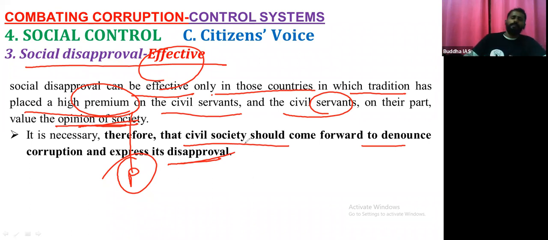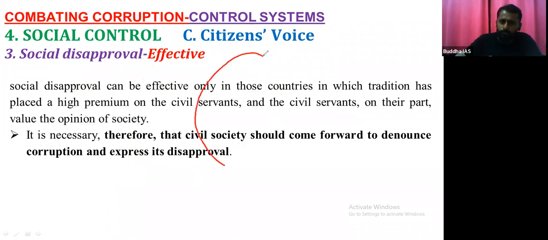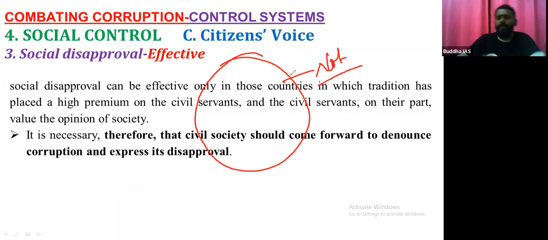As I mentioned earlier, we often say that in India, democracy is not working properly. Already many years have passed, but many social evils still persist. Then whom to blame? In democracy, you are the king.